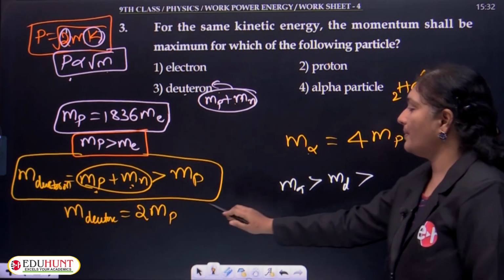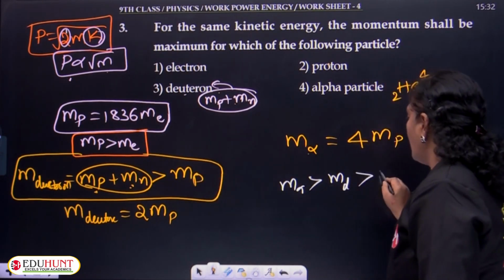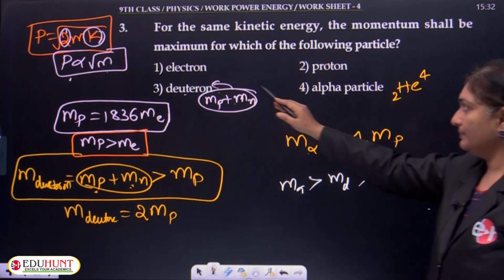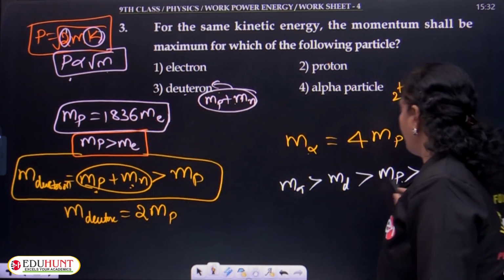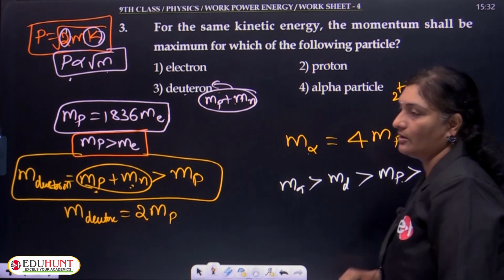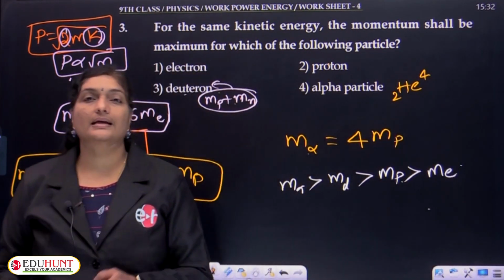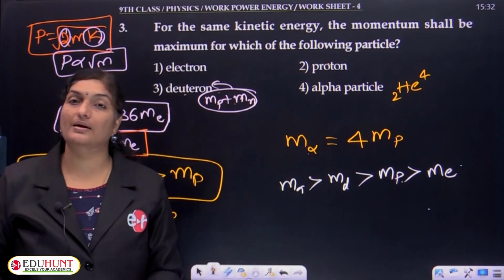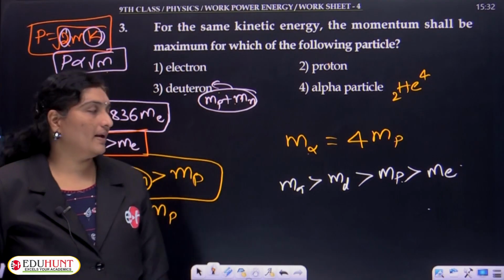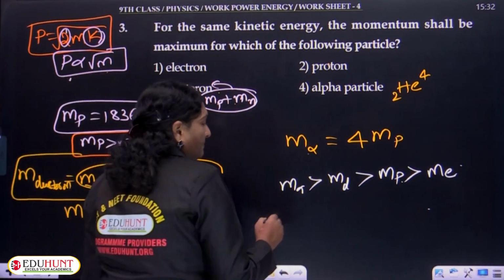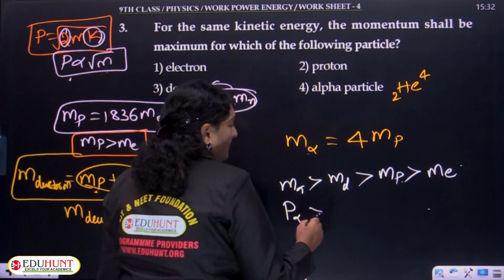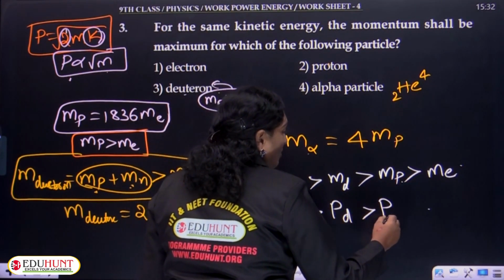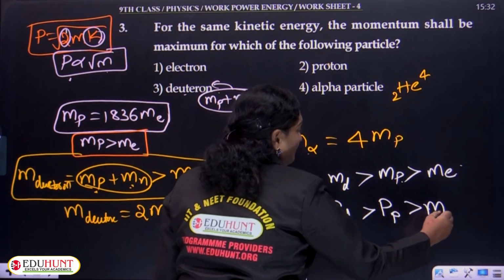And the deuterium mass is of course greater than the mass of proton, which is greater than the mass of electron. This is our conclusion. This implies that the momentum of the alpha particle is greater than the momentum of deuterium, which is greater than the momentum of proton, which is greater than the momentum of electron.